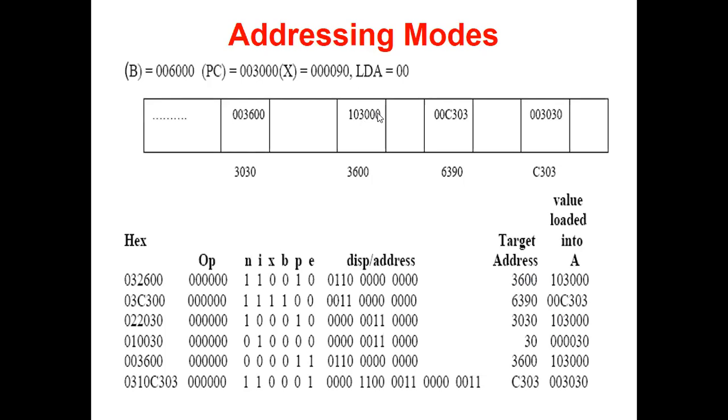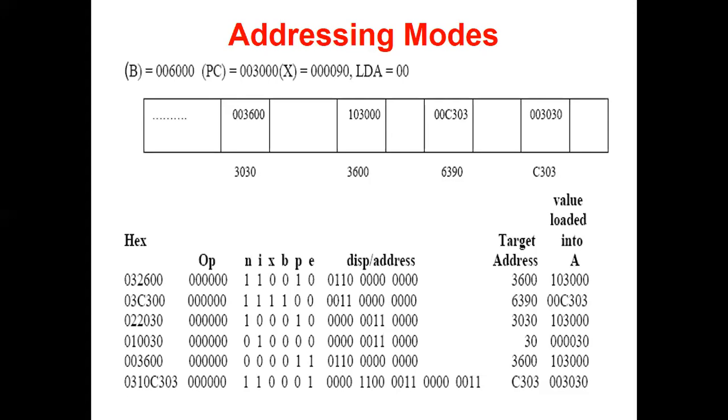And that memory location has these contents, 10300. Is that right? So what is going to be loaded into the accumulator is the question. Are we going to load the 3600 or are we going to load the 10300?